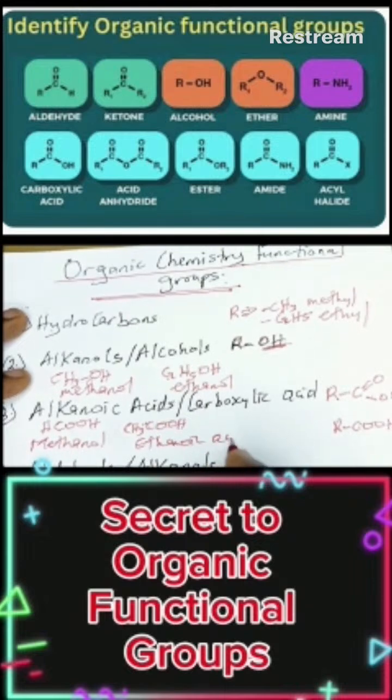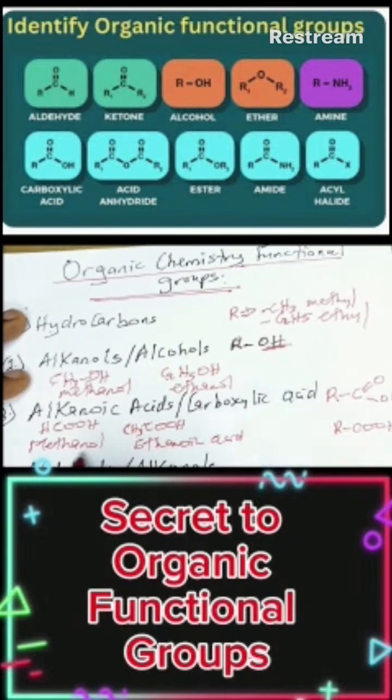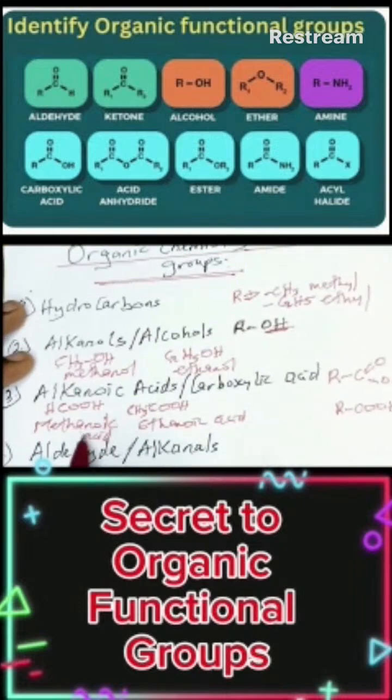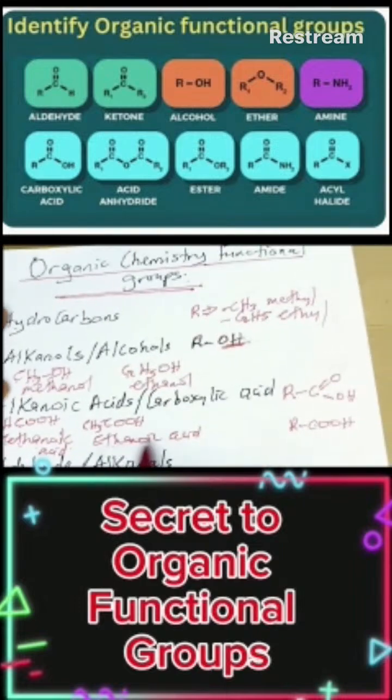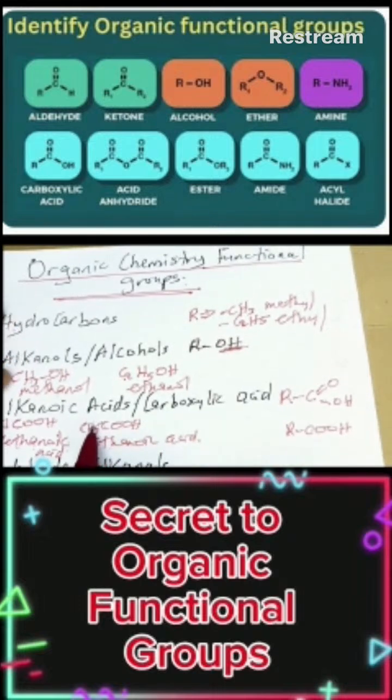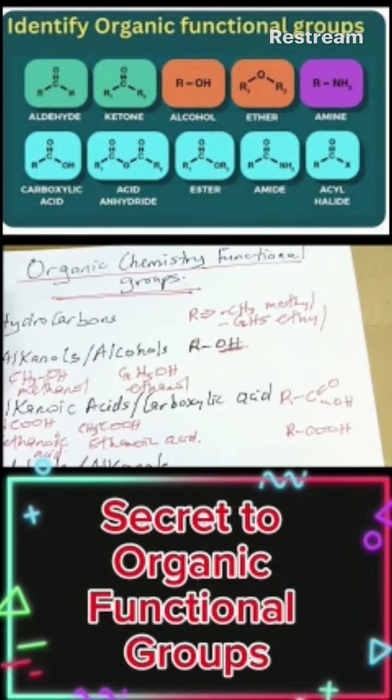Why isn't it called methanoic acid? This is methanoic acid, and this will be ethanoic acid. If the carbon is 3 instead of these two, it will be called propanoic acid, and it goes on and on like that.